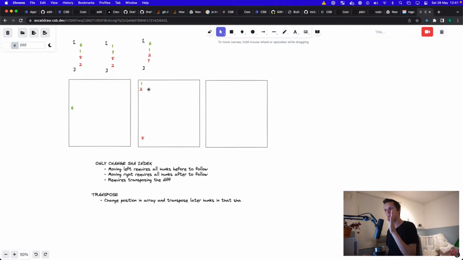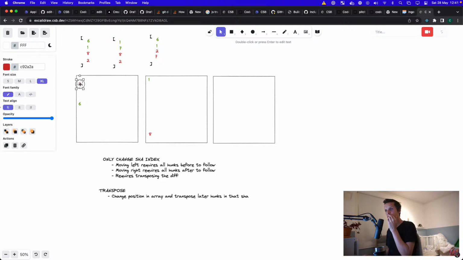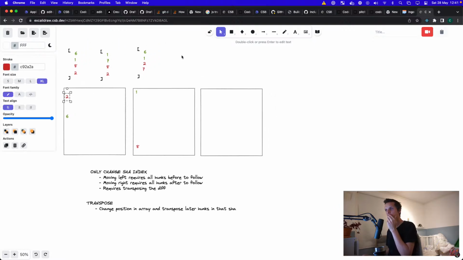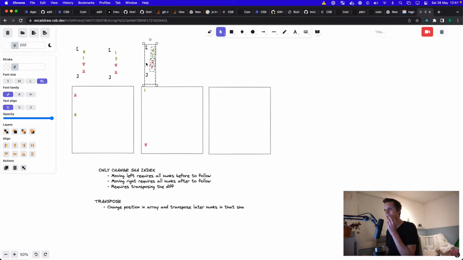Okay, but now a trickier one. What if I were to move this one to this place, with the same rule set applied? Sorry. Where were we?